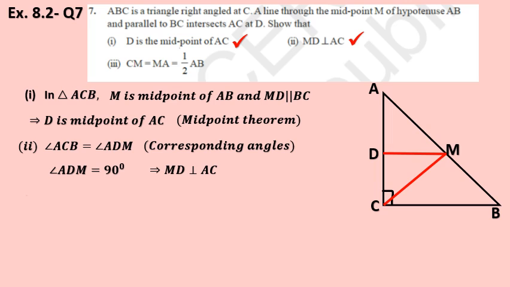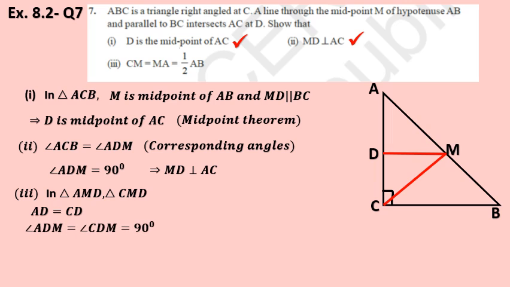Now, to prove the third part. Let us consider these two triangles, triangle AMD and triangle CMD. In that, AD equal to CD because D is the midpoint. Now, angle ADM equal to angle CDM, both are 90 degrees. And DM equal to DM, it's a common side.